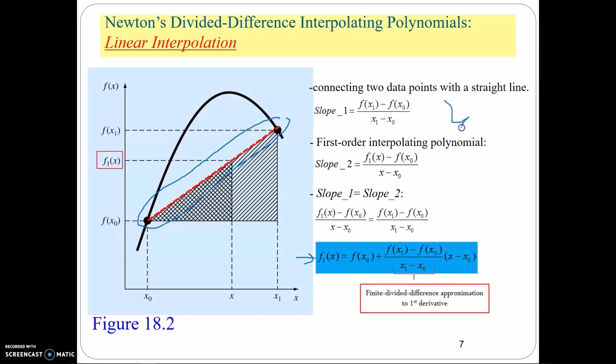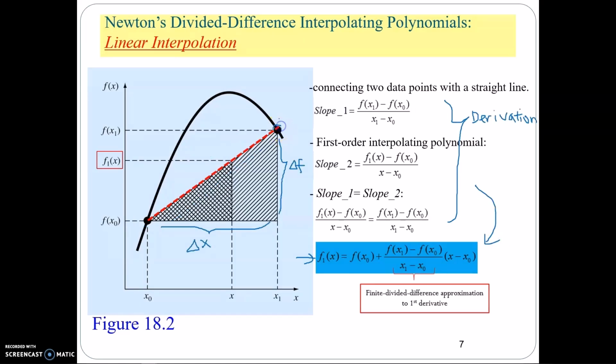Next, we will discuss the derivation to obtain this formula. First of all, let's compute the slope between these 2 points. You need to take the delta f divided by delta x. So your delta f is equal to f(x1) minus f(x0), and your delta x is equal to x1 minus x0. So this is your first slope.